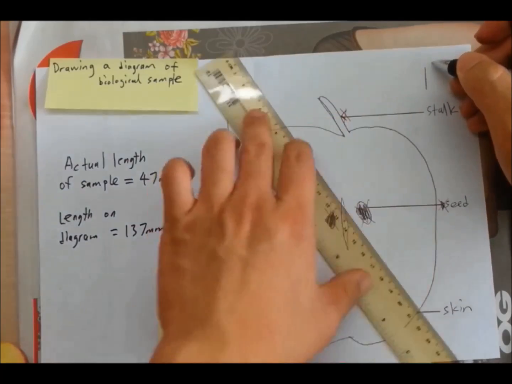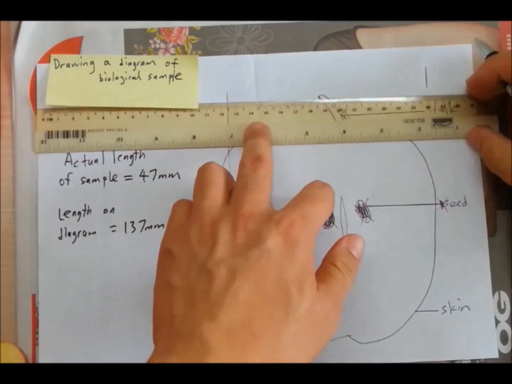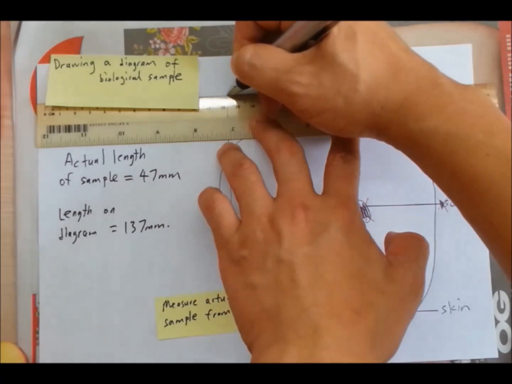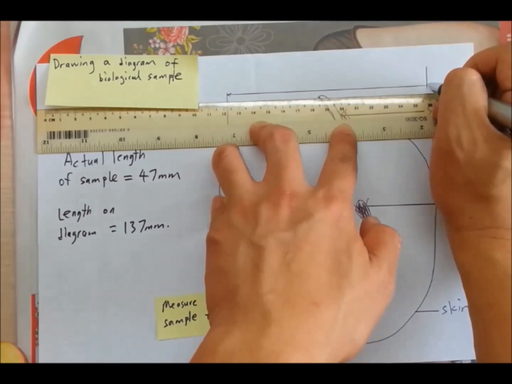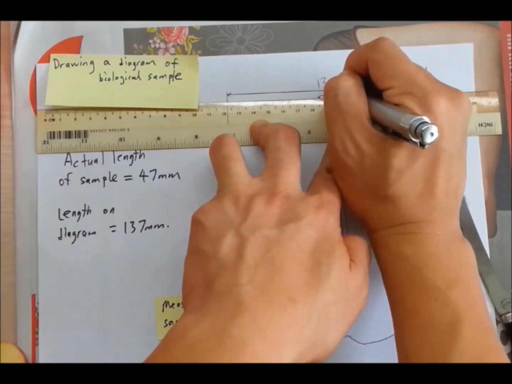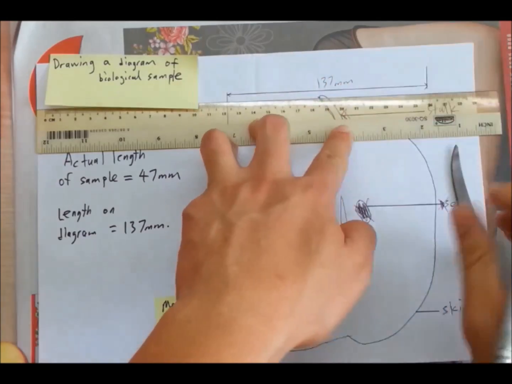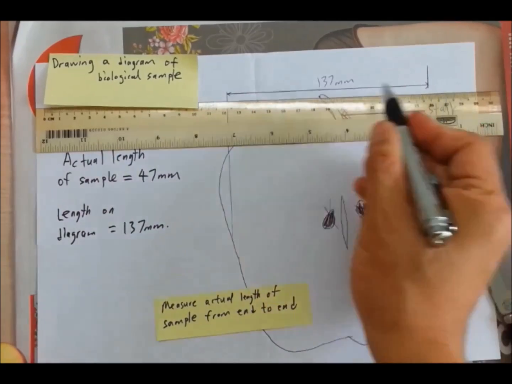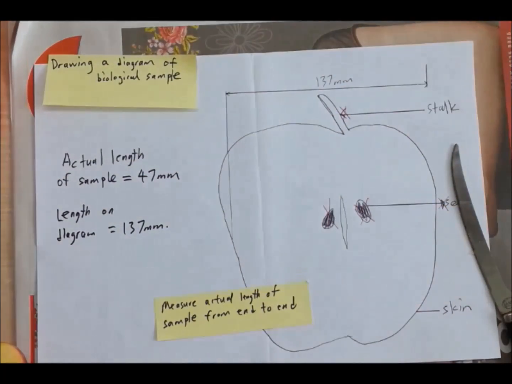It's a bit untidy. Please don't make the same mistake. Right, so you can do this: 137 mm. You need to have this scale. And with these two figures, we can now go on to calculate the magnification of this diagram.